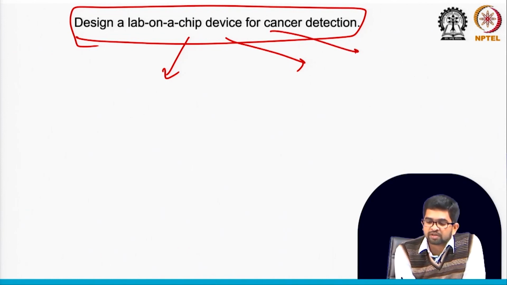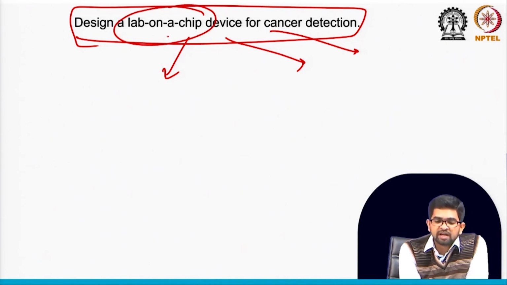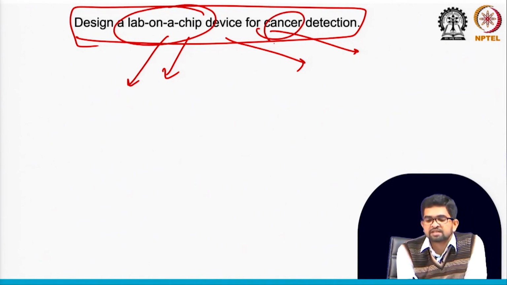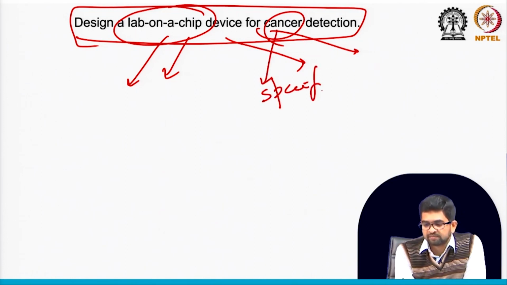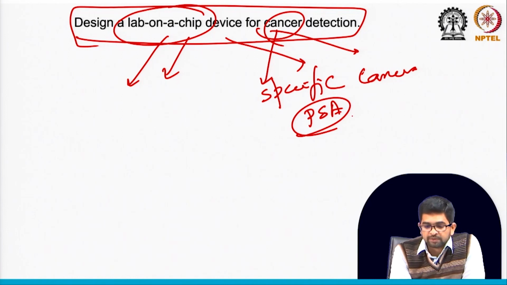If you go for the whole optimization of the lab on a chip, it can be a PhD, and you may take all of your 4 to 5 years. But because it is very interdisciplinary, you may design a lab on a chip, then its optimizations, then cancer detections. But also it can be just a specific cancer, like prostate specific antigen. Suppose, for example, I choose that.